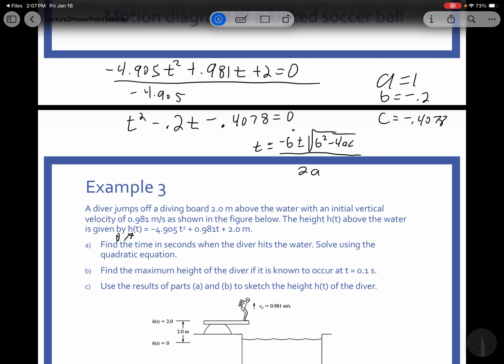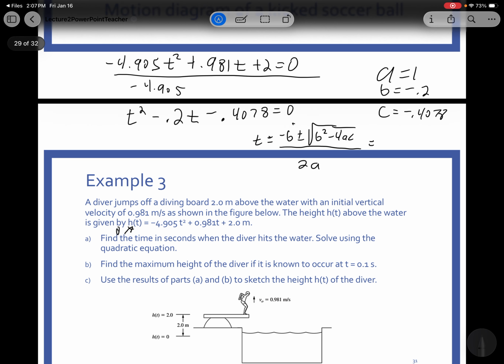All right, so if we substitute our numbers in, we get 0.2 plus or minus the square root of 0.2 squared, minus 4, A is 1, and C is a negative 0.4078, and everything divided by 2 times 1.